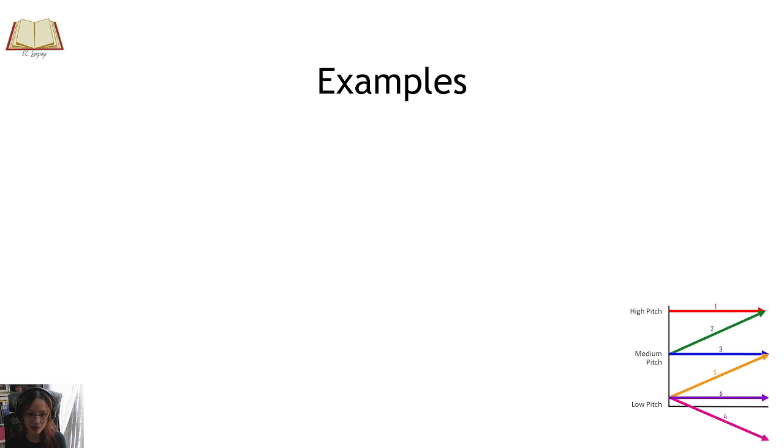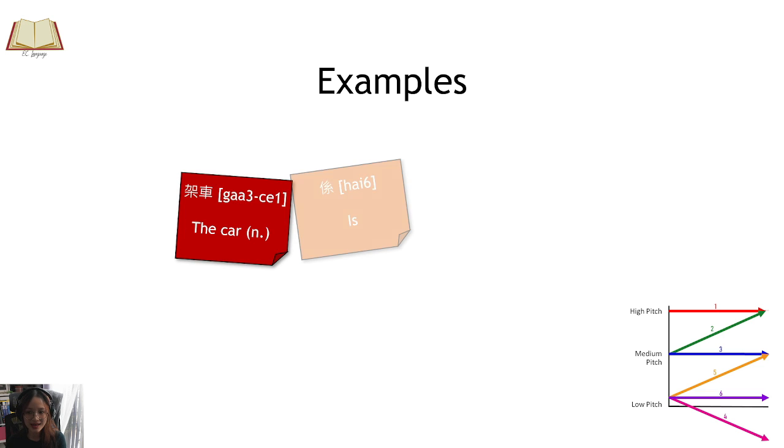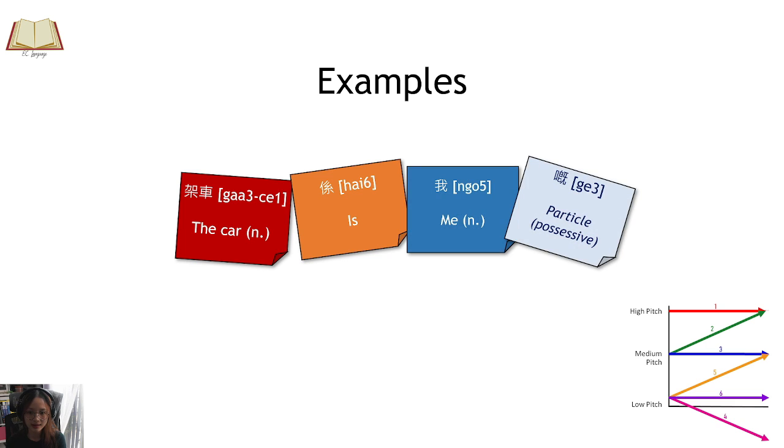Here is another example of 嘅 used as a possessive. 架車係我嘅. The car is mine. If you remember from my previous video, adding 嘅 to a pronoun like 我 turns it into a possessive pronoun, so words like mine, yours, his, hers, and so on.